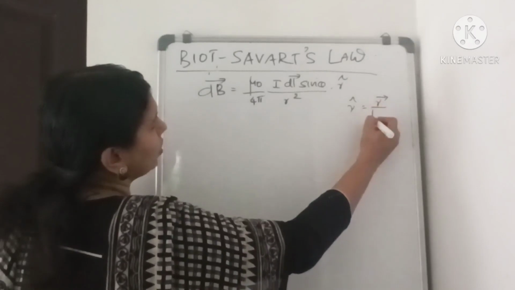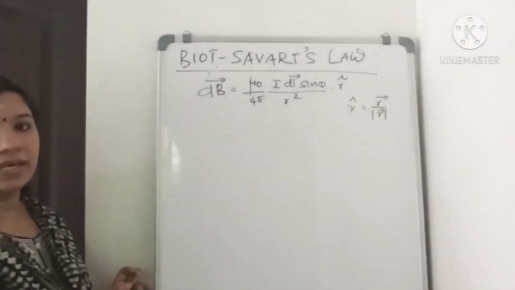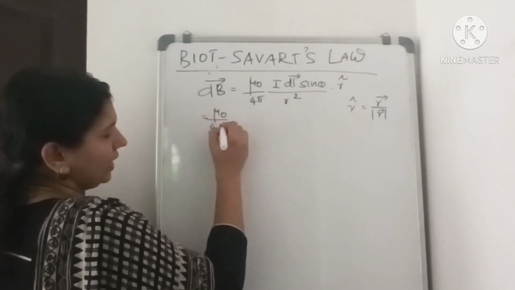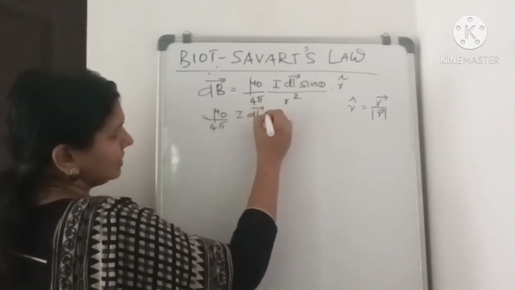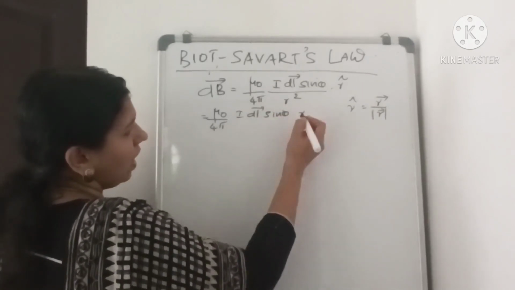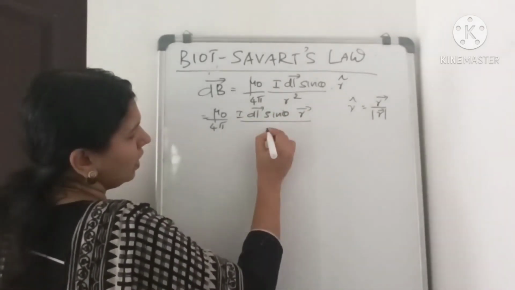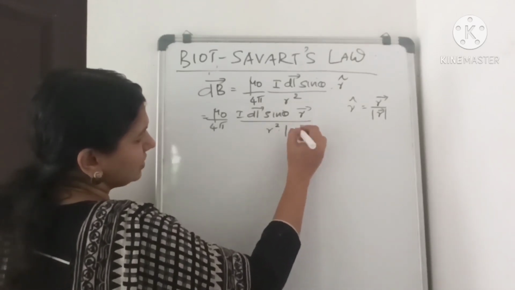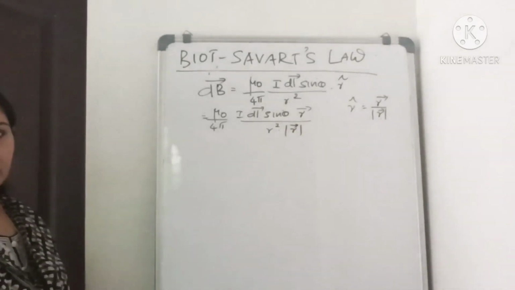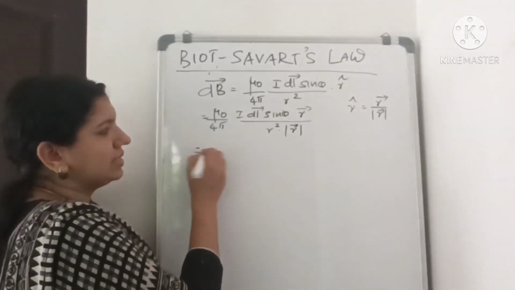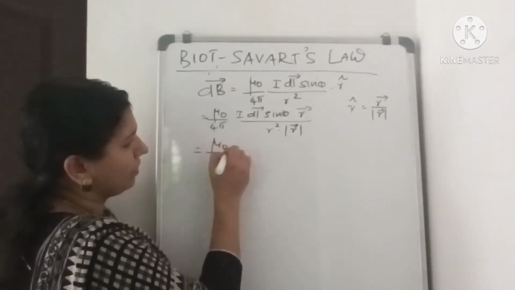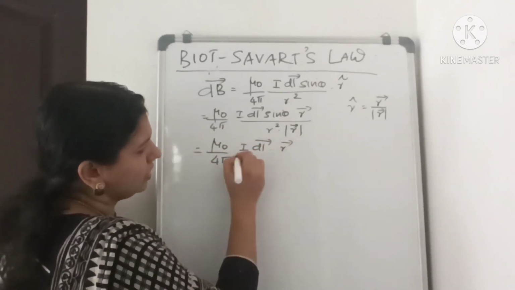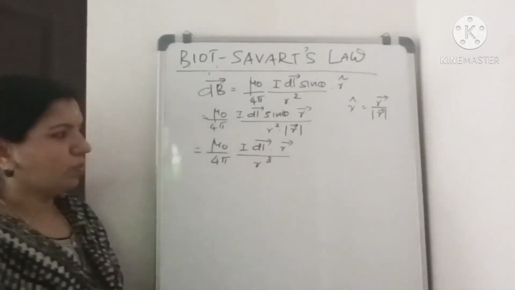Vector r by modulus of r. Clear? So if I change this value, mu 0 by 4 pi I dl sine theta r cap by r square into modulus of r cap. Clear now? So what is this? This is mu 0 by 4 pi I dl into r vector divided by r cube.